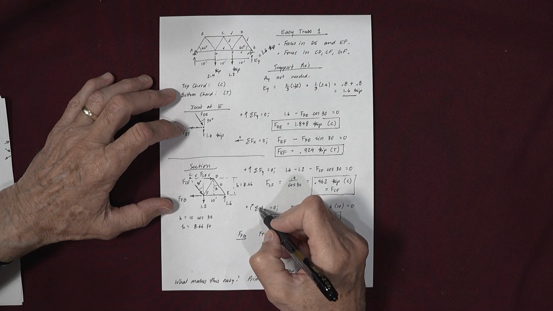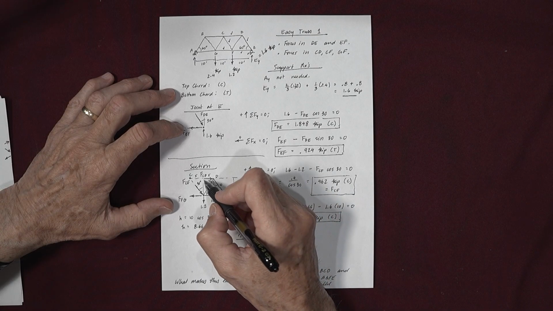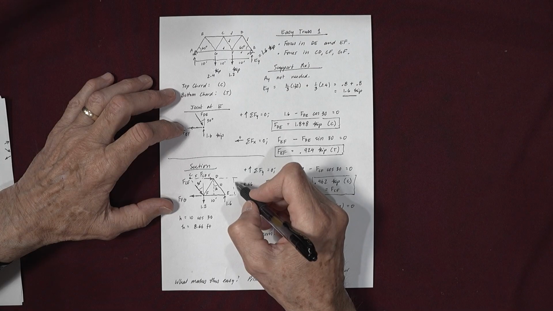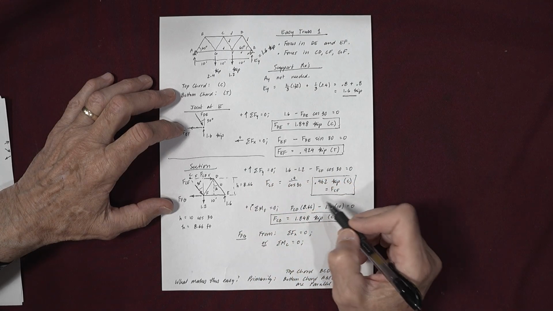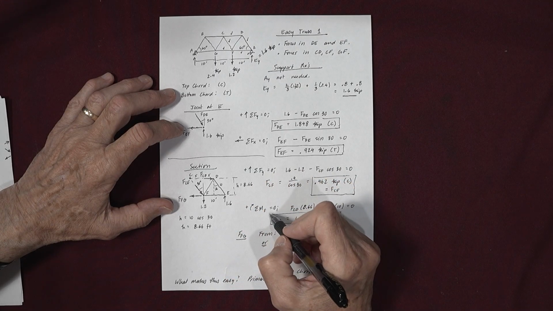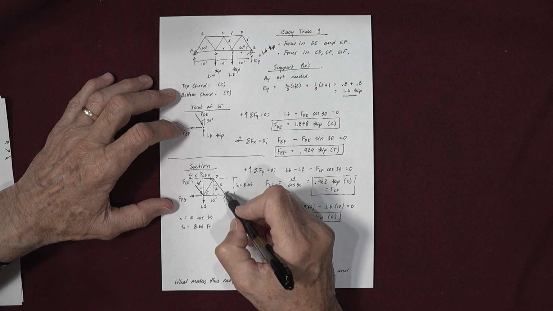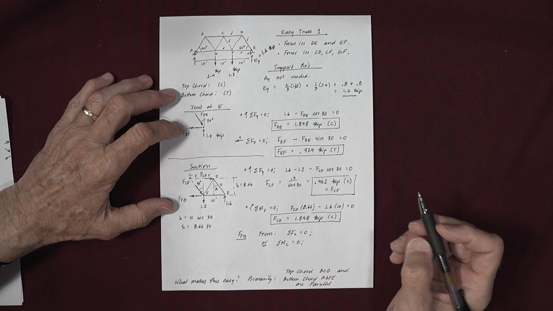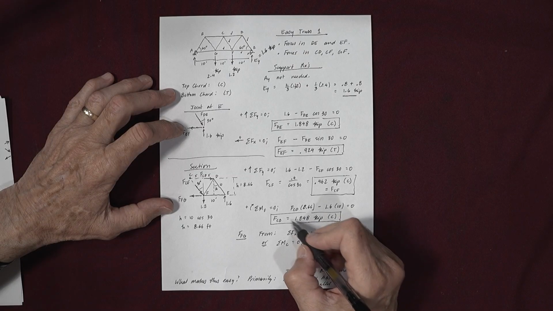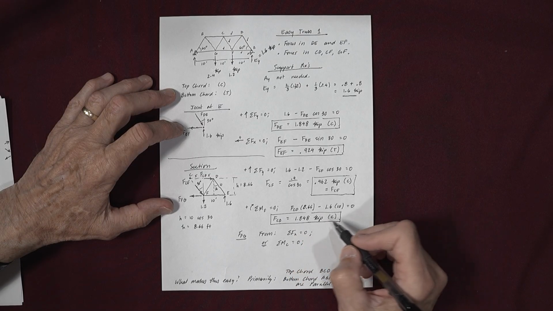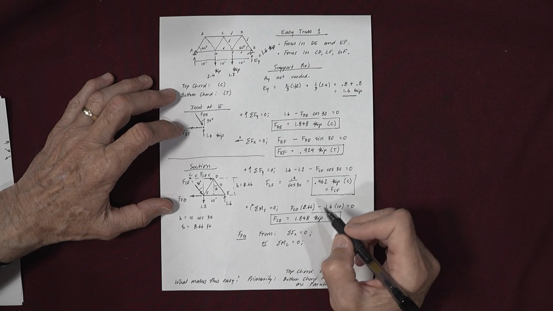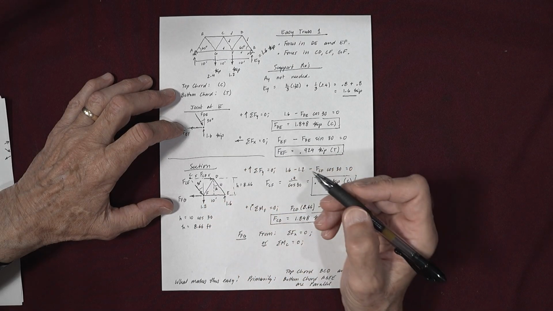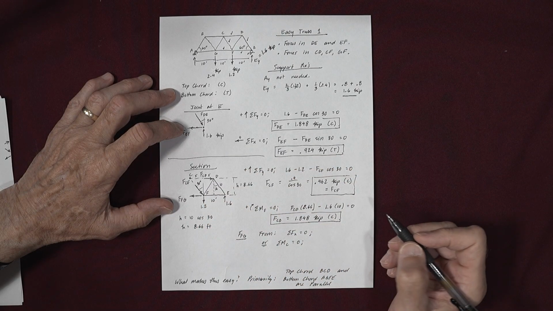If I take clockwise to be positive, then I have FCD, and his moment arm back to F is this 8.66 that we found, and that's positive. And then minus 1.6, and his moment arm back to F is 10. So minus 1.6 times 10. And so then FCD is 1.848 kip, and it came out positive, and so the way I drew it is correct. I drew it pushing, and so that's compression.